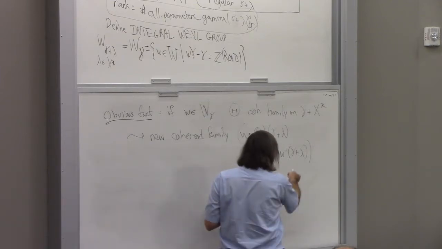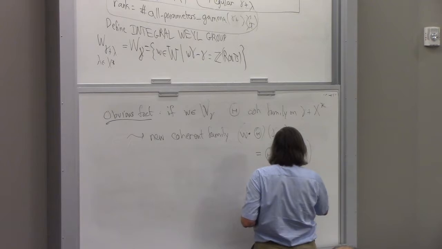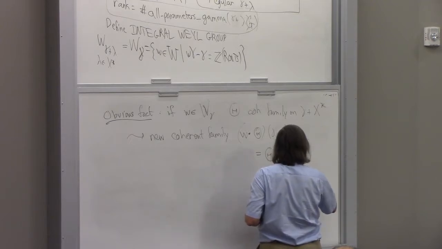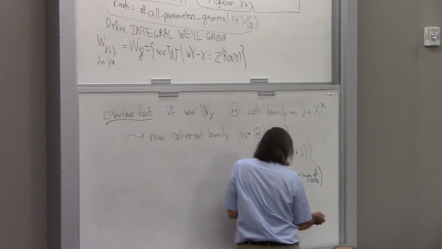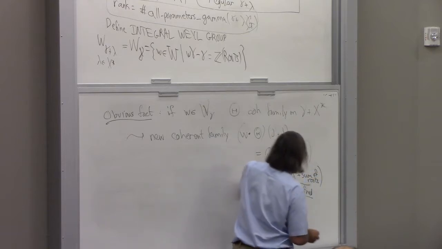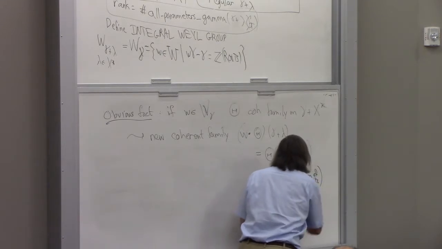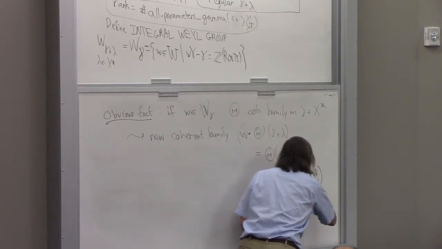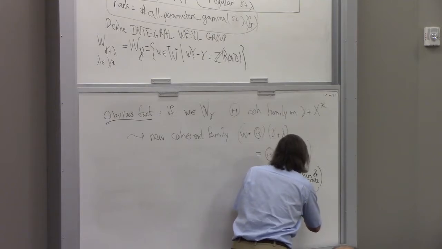And the thing to notice is that this is gamma plus lambda plus the sum of roots, so it's gamma plus something in x upper star. So this is defined.